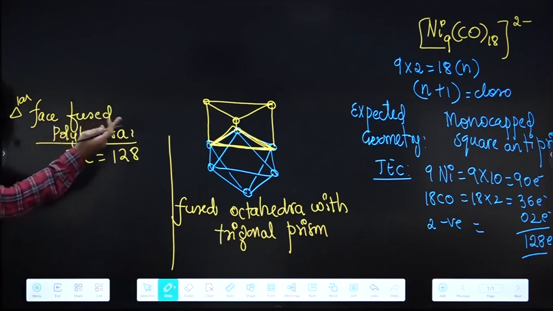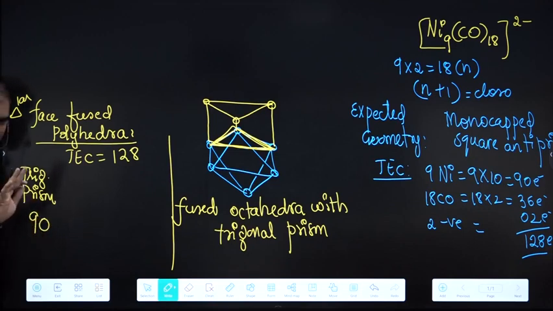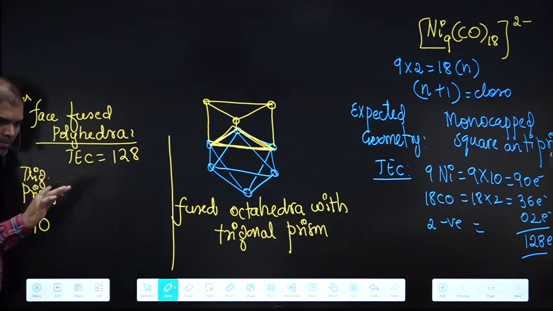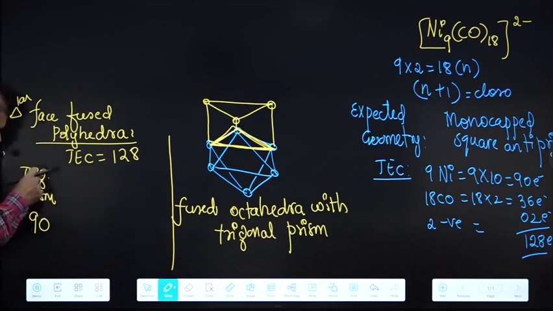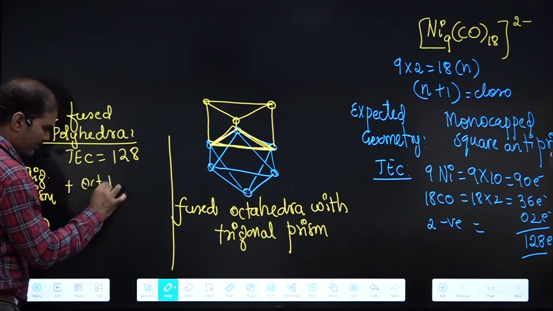So what is the total electron count of individual polyhedra? If I take trigonal prism, what is the total electron count? 90. Trigonal prism is 90. TBP is 72. Whenever you get TBP, 72. Square pyramid, 74. Trigonal prism, 90 plus octahedra.